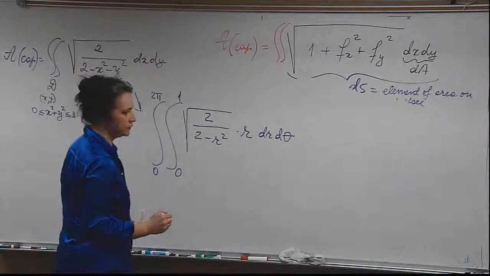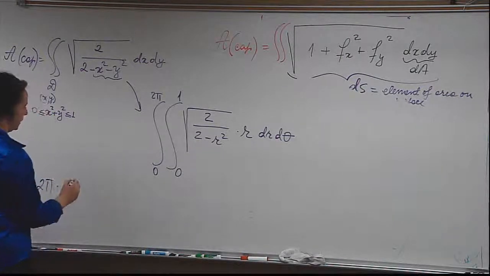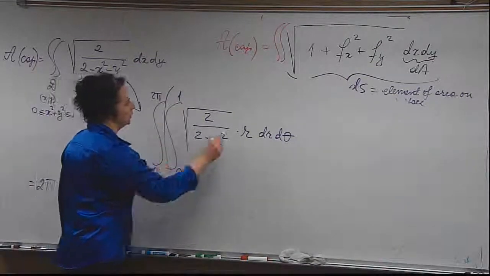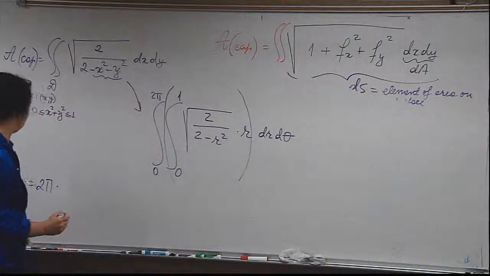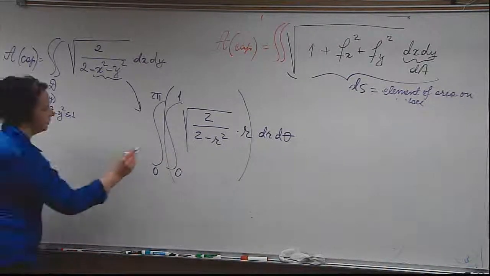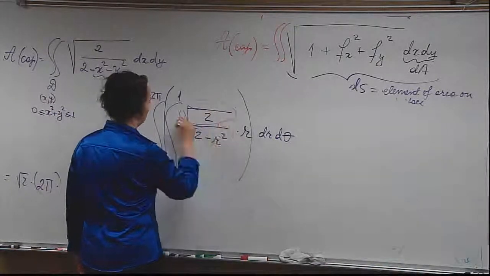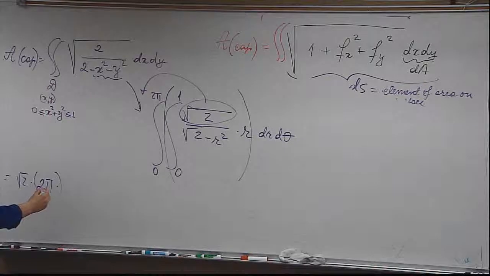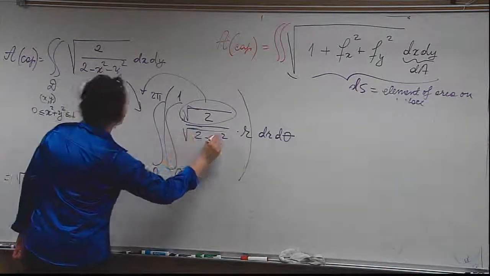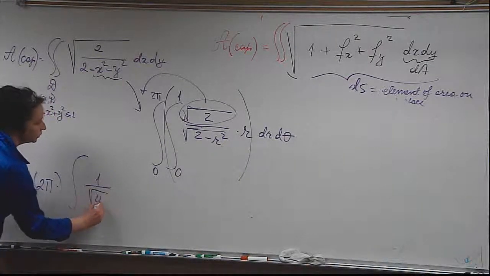I can get rid of the 2 pi and put it here, and then pick out the square root of 2 from here. And then I have the integral of 1 over this long fraction, root u.